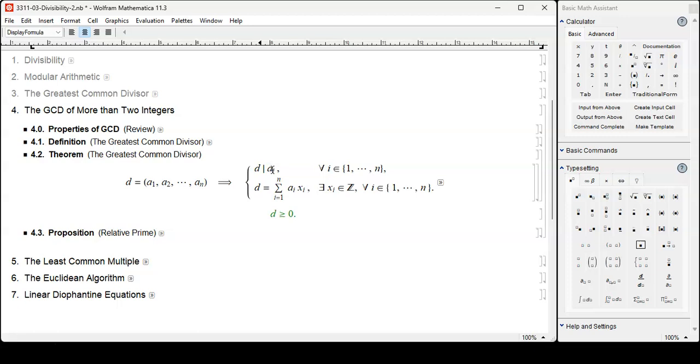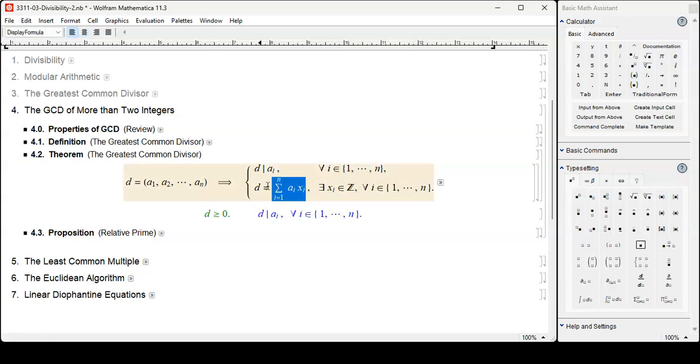And the second ingredient is this one right here. Common divisor. So it divides everything: A1, A2, A3, A4, and so on, all the way up to AN. So that's the second ingredient.